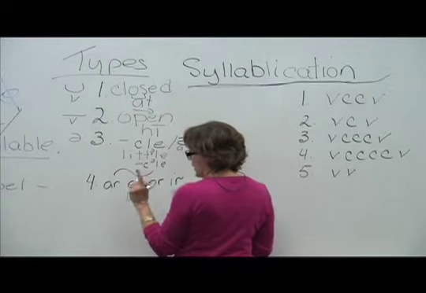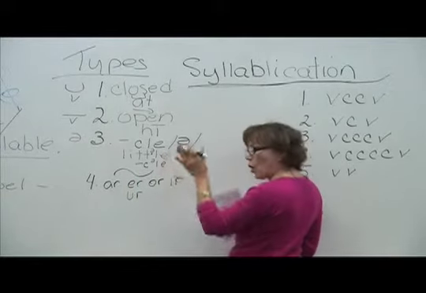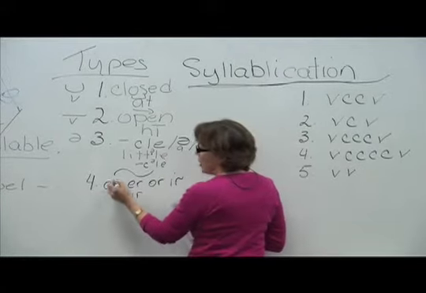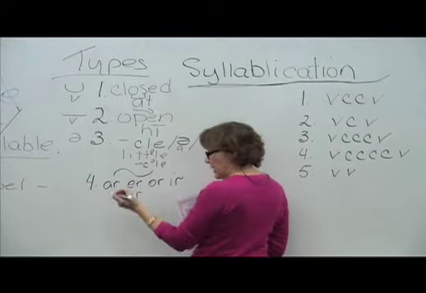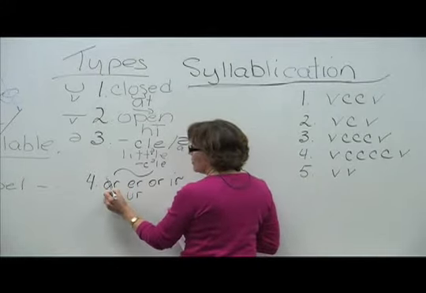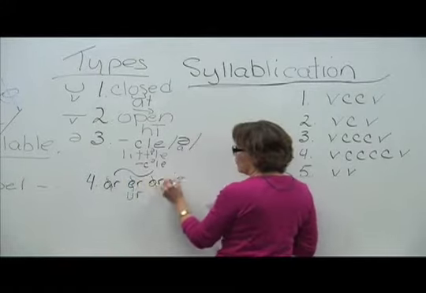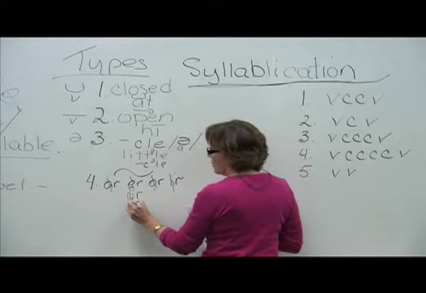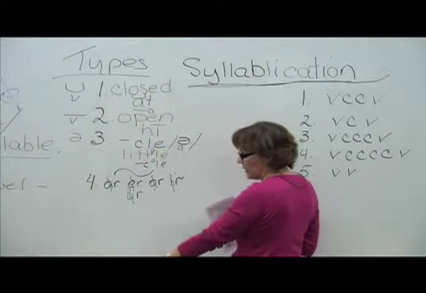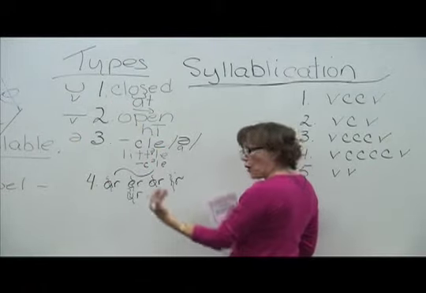And remember, we said what happens in an R-controlled vowel is that the R controls the sound. So you won't necessarily hear the vowel; instead of completely blocking it out, I'm doing this kind of marking.